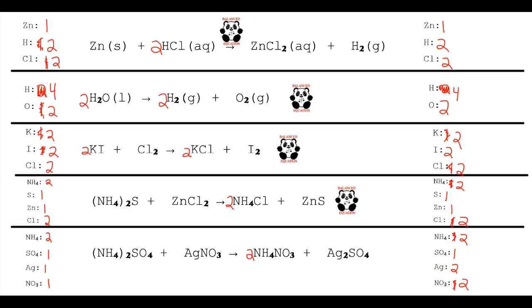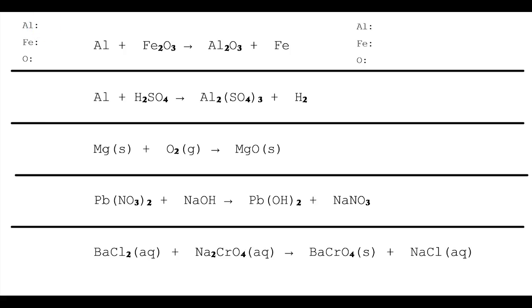That of course is going to switch it, but I'm not completely done yet. Next thing I'm going to do is put a coefficient in front of my silver because I only had 1 on the left and 2 on the right. Change the coefficient there to a 2, 2, 1, 2, 2. I'm now done. So I've got them the same on the left and the right. Let's bring down my balanced equation Panda. Let's move on to the next one.